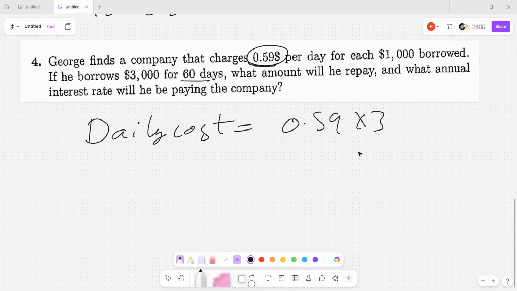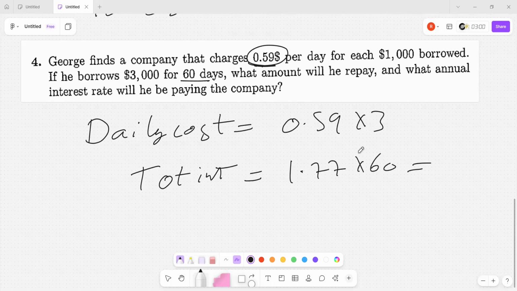It will be what? 1.77. And then we will do what? The total interest will be equal to 1.77 times 60 days. Okay, that will be 106.2. Perfect.